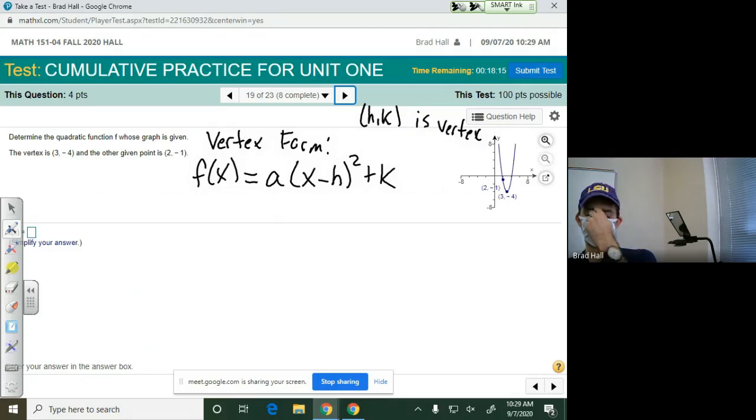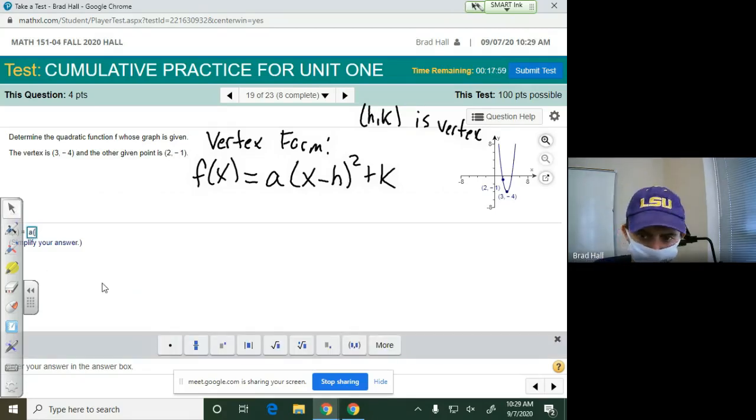And (h, k), h is the x coordinate of the vertex. k is the y coordinate of the vertex. And this is that vertex form. So if anything, I'm just going to put this in as a placeholder. And we're going to slowly figure out what a, h, and k are.